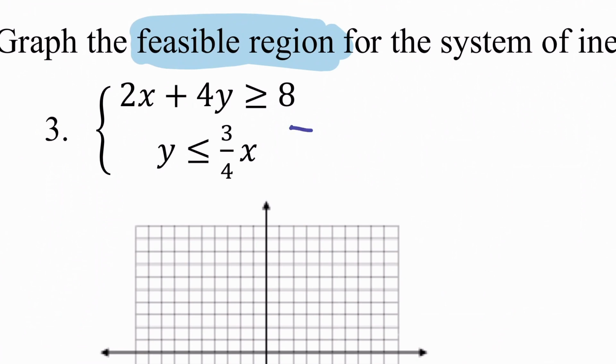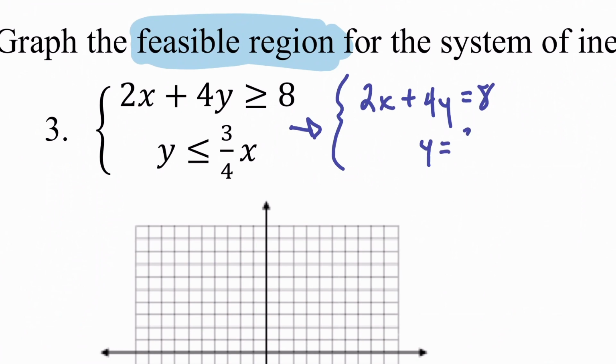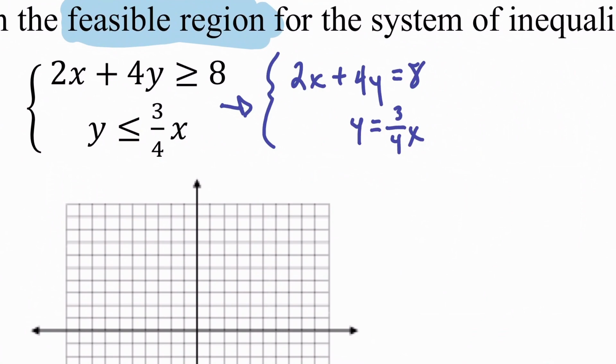I'm going to rewrite this and change the inequalities into equal signs. So 2x plus 4y equals 8, and on the bottom, y equals 3/4 x. Then I'm going to graph the two boundary lines on the grid here.